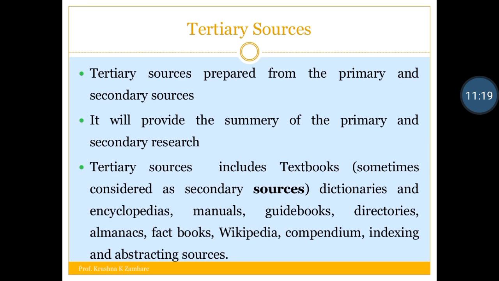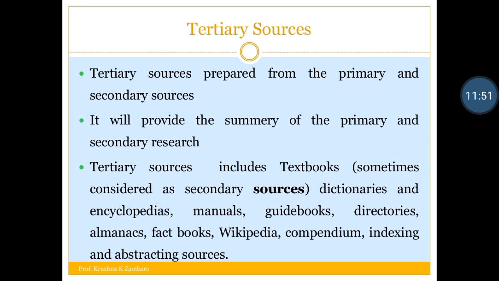This content is very important, but these books are very costly, so they are also available in institutions, and we can view, review, or read the IP, USP or British Pharmacopoeia. Then guidebooks, different types of books that contain very short information. Then directories, like the Merck Index, which we can use for information on drugs.